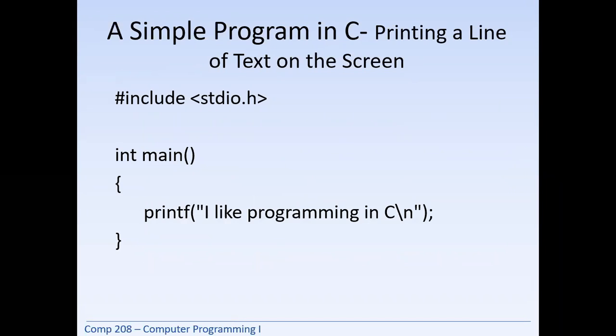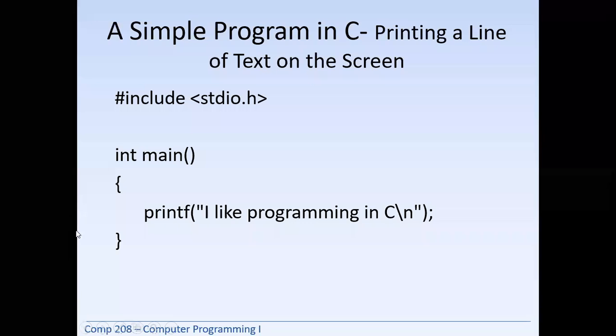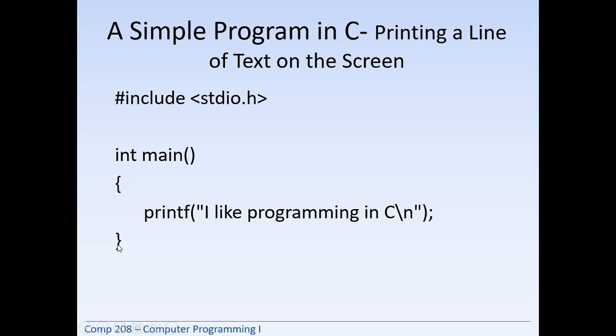Example here: a simple program in C, printing a line of text on the screen. Hash include, standard input output .h, enter, then open the main body, int main, open the braces and close the braces.